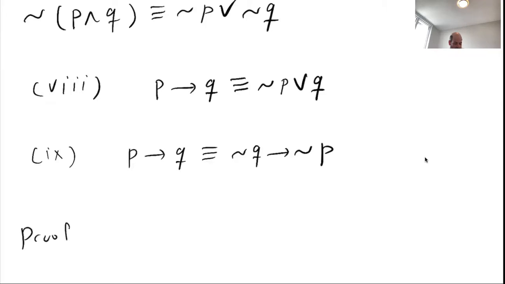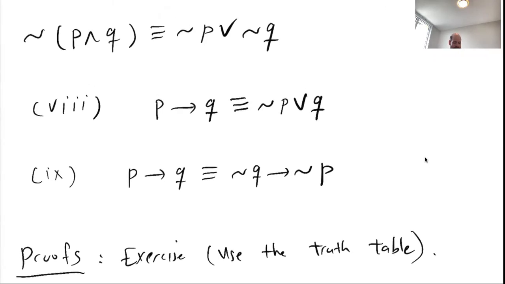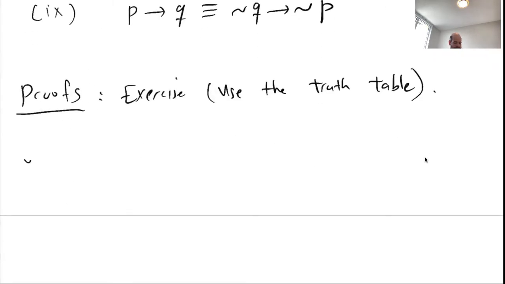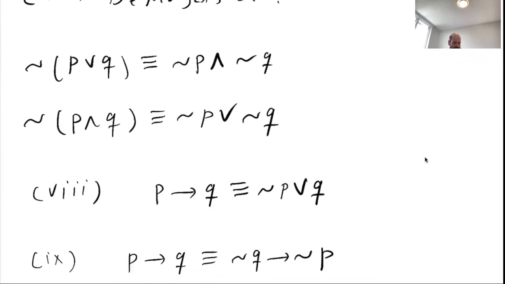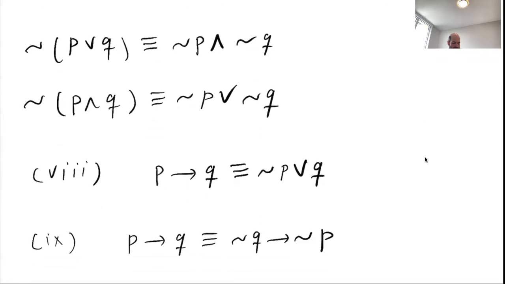Proofs, exercise: use the truth table. So for example, let me do one of them and then I can leave the rest as an exercise. For example, this one, De Morgan's law.